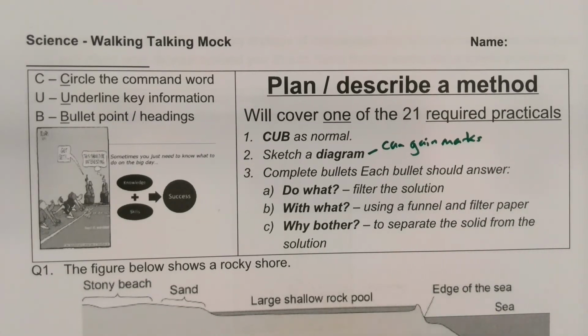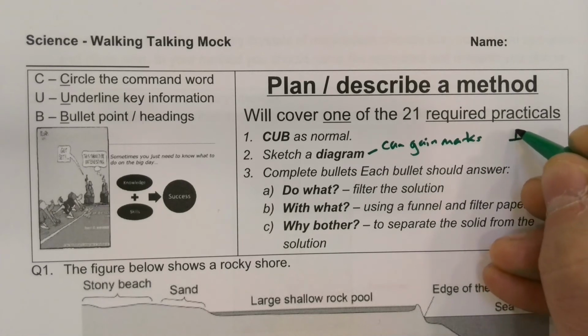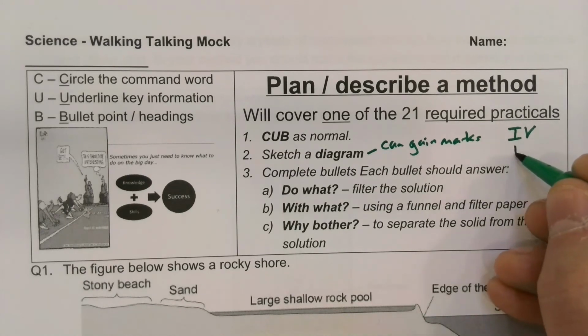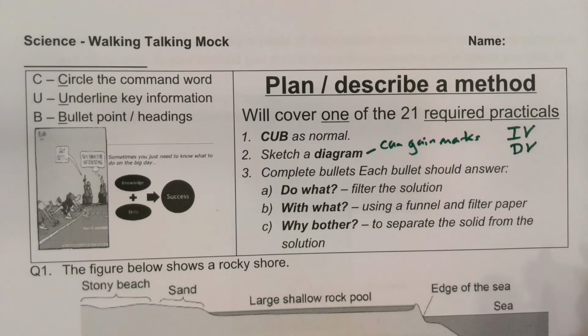Now when we're doing this, there are 3 other types of variables that we always need to remember. We also need to remember the independent variable, the thing we're going to change, and there should only ever be one thing we change. The dependent variable, which is the thing that changes and the thing we measure because the independent variable's changed.